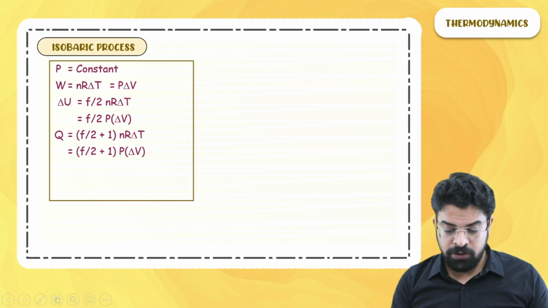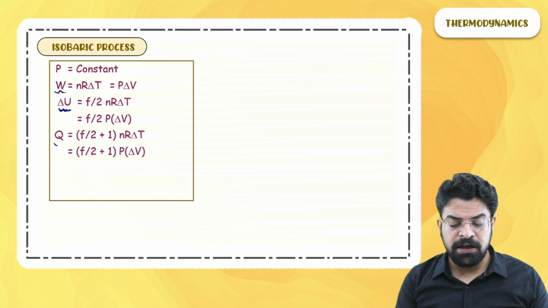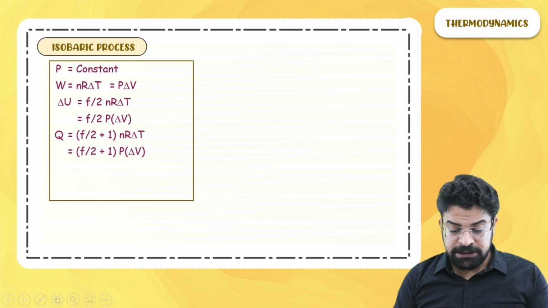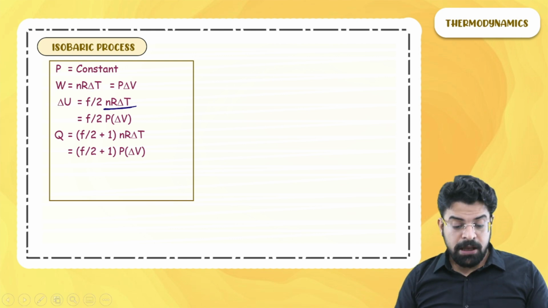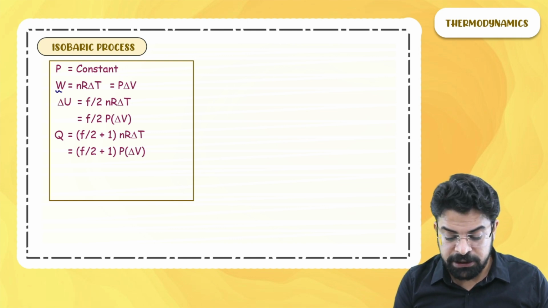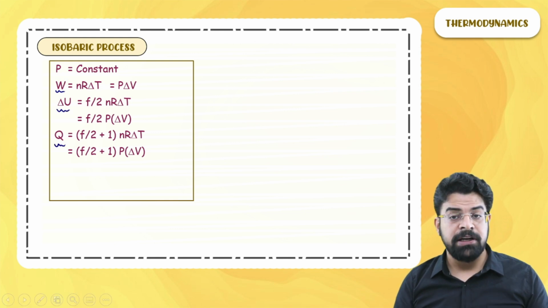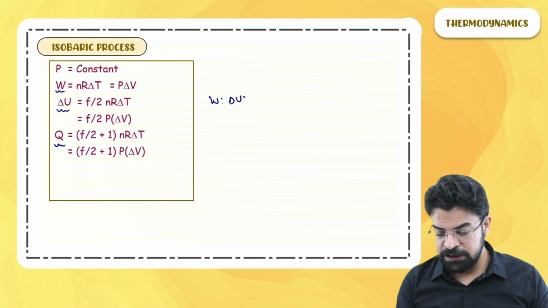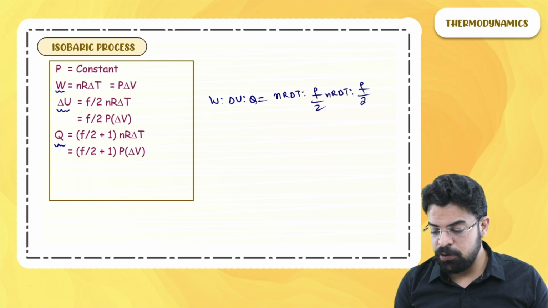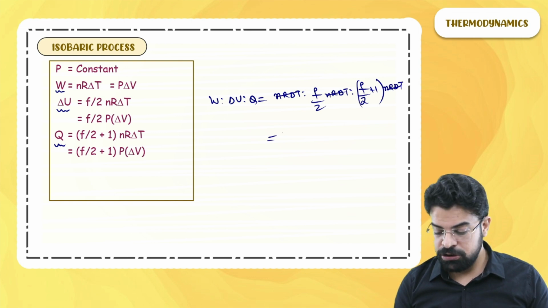Now there is a ratio of work done to change in internal energy to heat given. You can see that work done is nR delta T. The change in internal energy is f by 2 nR delta T. And the heat given is f by 2 plus 1 nR delta T. So the ratio of work done to change in internal energy to heat given equals nR delta T to f by 2 nR delta T to f by 2 plus 1 into nR delta T. Cancel out nR delta T. So you get 1 to f by 2 to f by 2 plus 1.